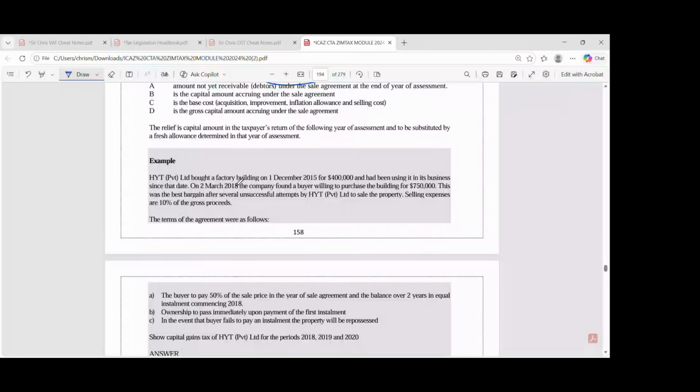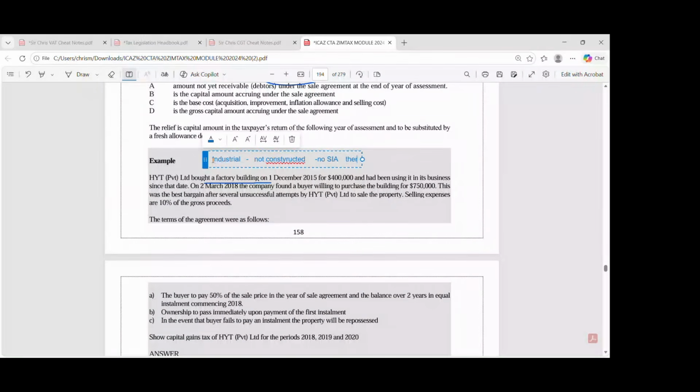Company HYT bought a factory building. Before that, focus on CGT. This is an industrial building, do you agree with me? But since it's an industrial building, it was not constructed. That's the first thing you should think about. If it's not constructed, no SIA. Do you agree with me?